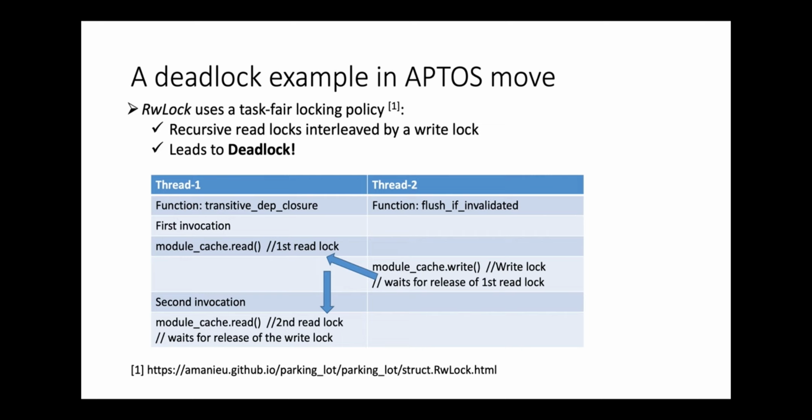However, in the meanwhile, if thread 1 continues with a recursive call on the read lock again, this read lock will then wait for the release of the write lock. Then these three basic operations are waiting for each other and forming a circle of resource dependencies, which obviously leads to a deadlock.